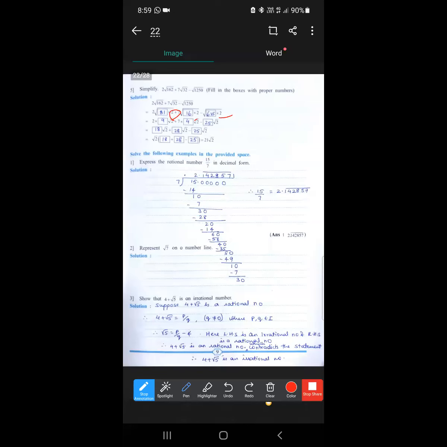So for 162, you need to simplify it so that it is some number multiplied by 2, and whatever number you write there should be a perfect square.